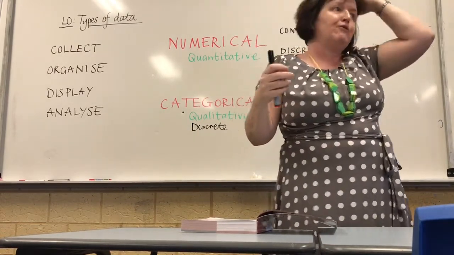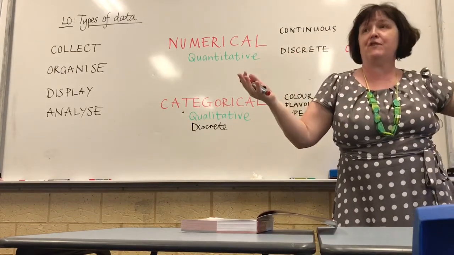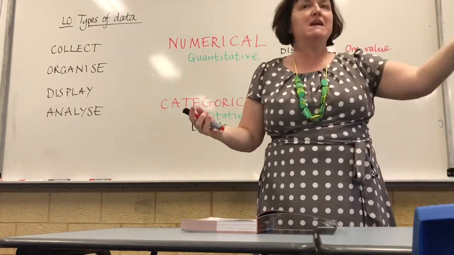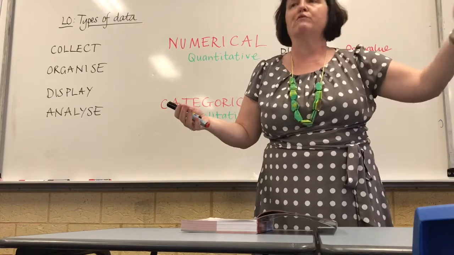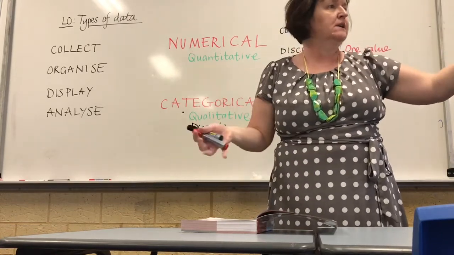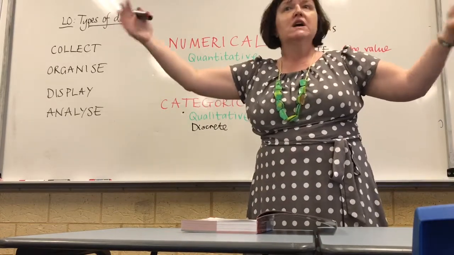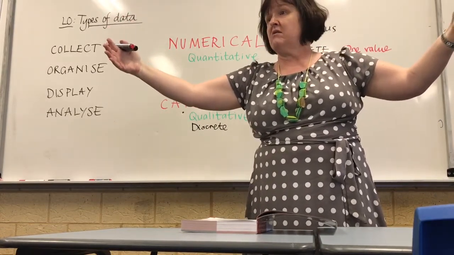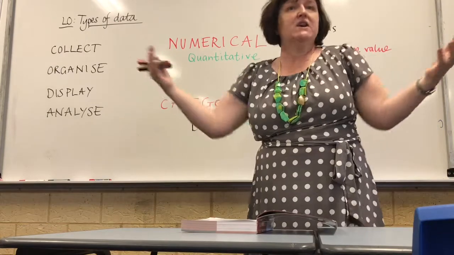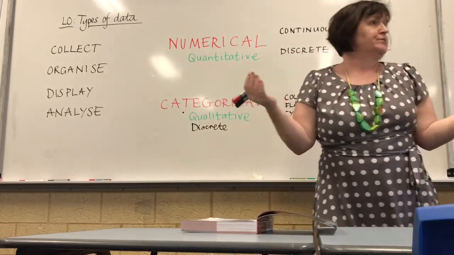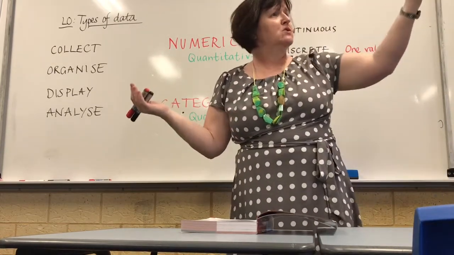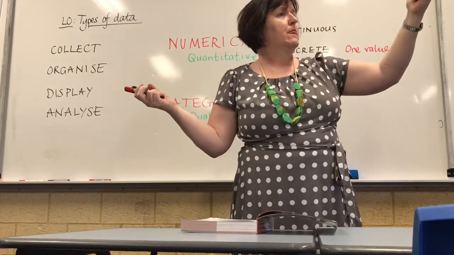So for instance, if we were going to do the heights of everyone in this class, we'd have a minimum height, say 140, I'm just guessing. And we'd have a maximum height, someone like Sheldon who's really tall, he might be 180, are you? 180 centimetres? Whatever. Or Lachlan, he's tall. How tall are you, Lachlan? Oh, okay.